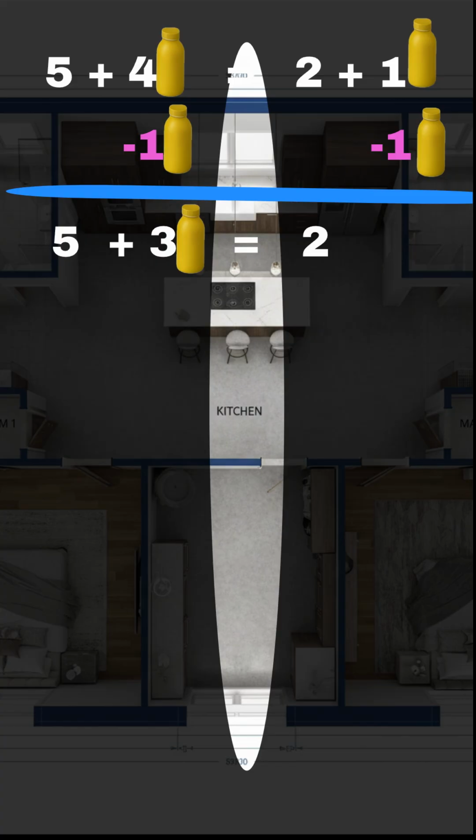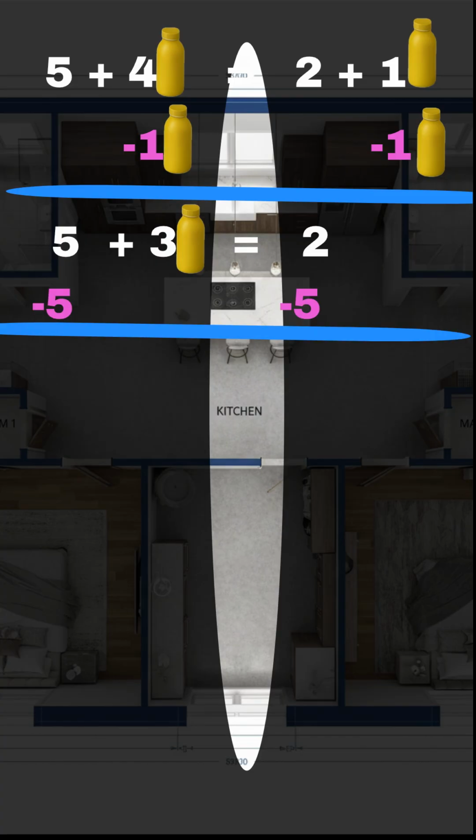That means we need to put all of our cash on the right side. So that means we should move that 5 in cash to the right side. Remember what I said? If you're going to move the cash from one side to the other, you must move its opposite. So what's the opposite of +5? -5. So move that -5 to the right side.